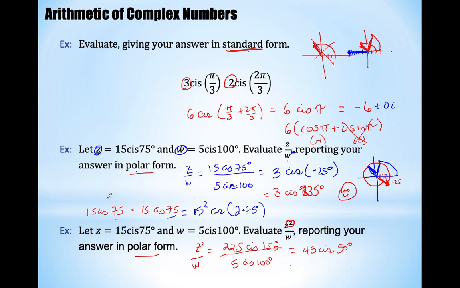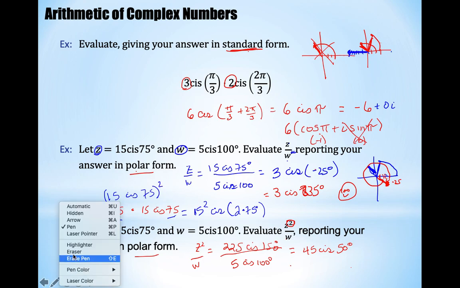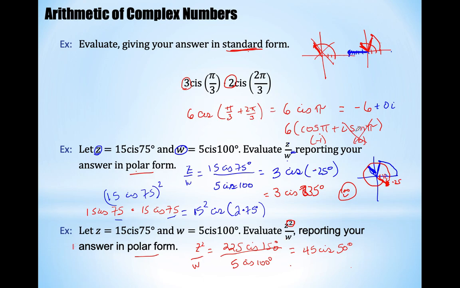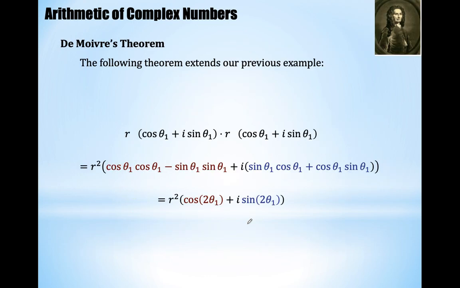And couldn't I rewrite this as, what's happening here? Whoa. Well, hello, De Moivre. I wish I remembered his first name. I want to say Abram, but I don't know if that's right.